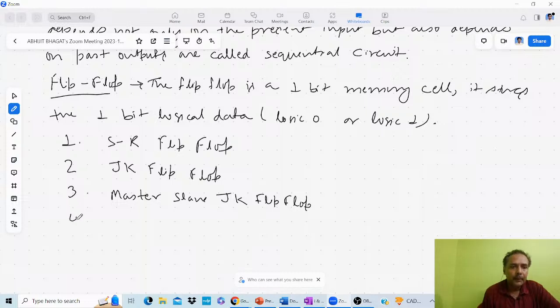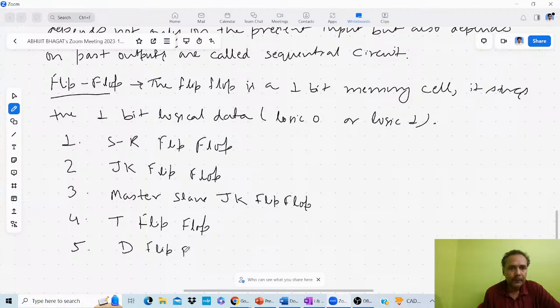Next is T flip flop, and last one is D flip flop. So these are the different types of flip flop.